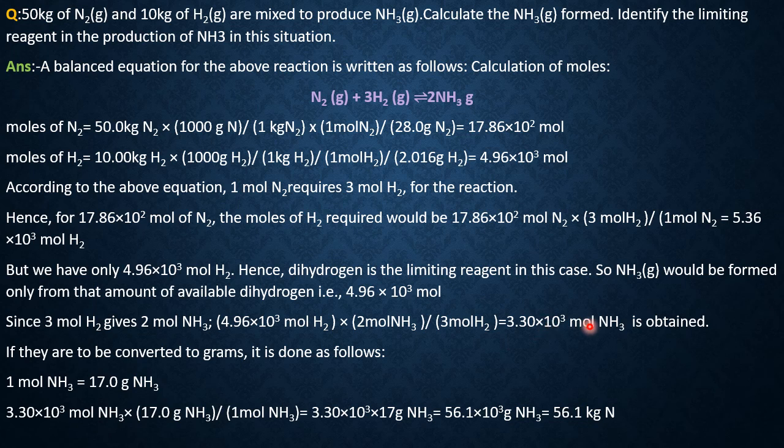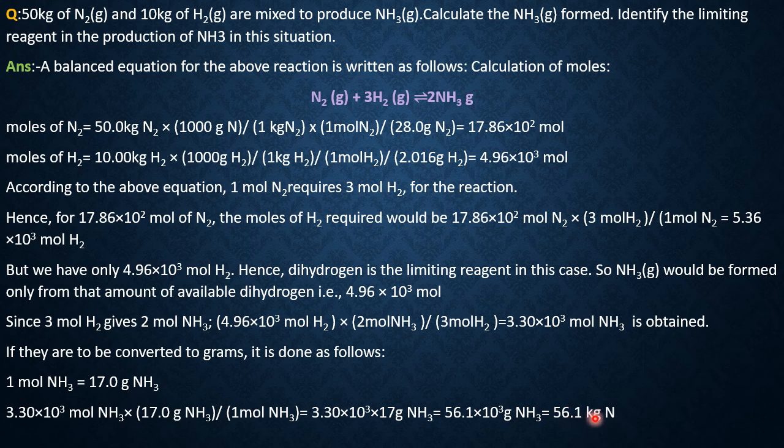That is in terms of moles. If you want to calculate in terms of gram, here is the conversion. 3.30 into 10 to the power 3 mole of ammonia means this much gram of ammonia. Converting gram to kilogram, 56.1 kilogram.